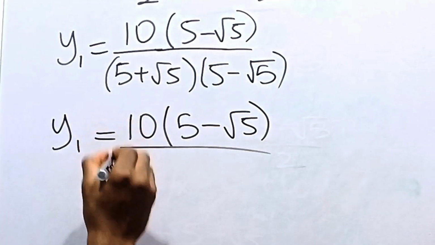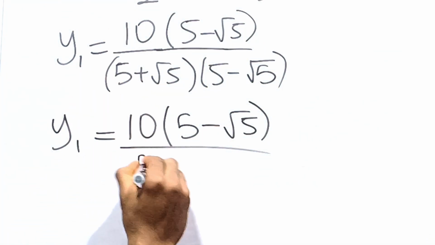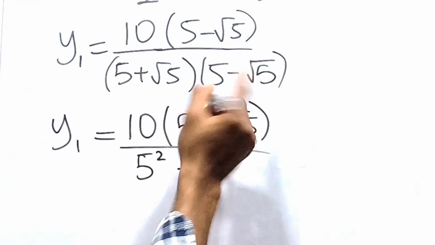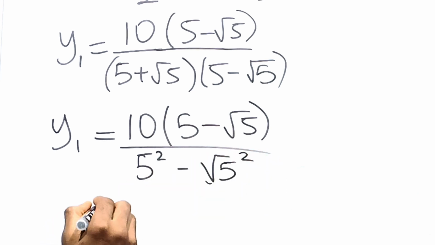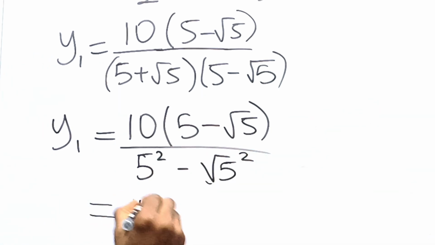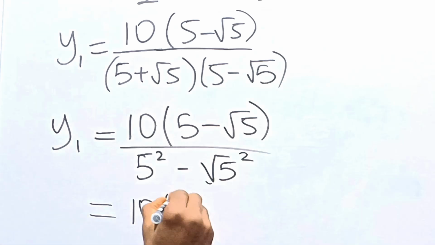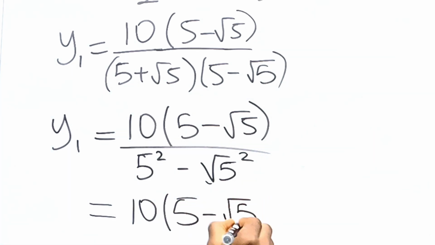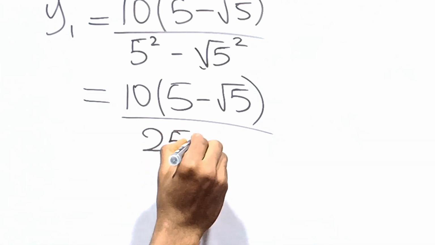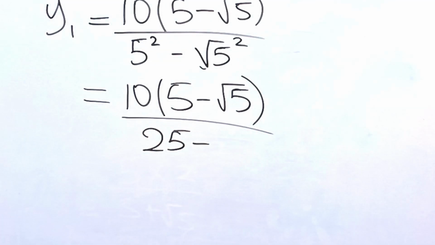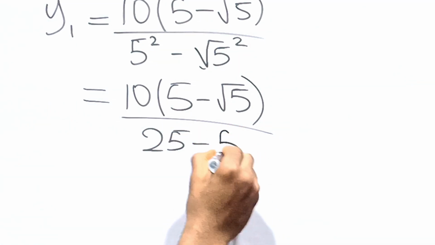So this will now become 5 squared minus root of 5 squared. This is now equal to 10 multiplied by 5 minus root of 5, divided by 5 squared is 25 minus root of 5 squared is 5.